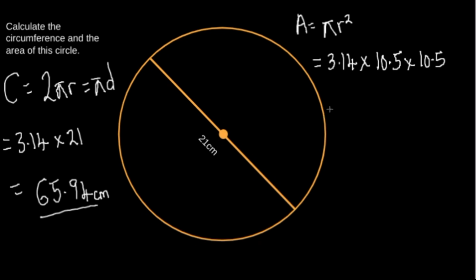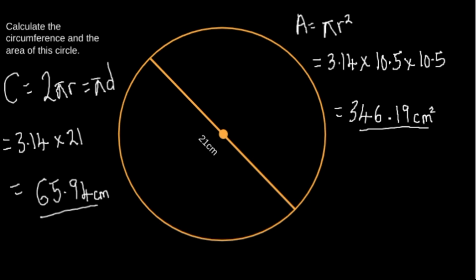Let's calculate that. 3.14 times 10.5 times 10.5 will give us 346.19 approximately square centimeter. So that's the area of this circle. I hope you got that as your answer when you tried it out in the last video.